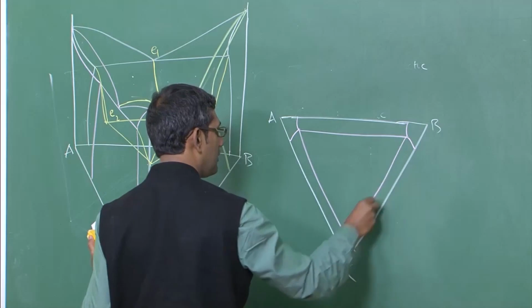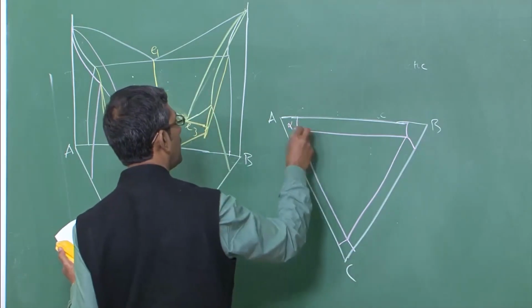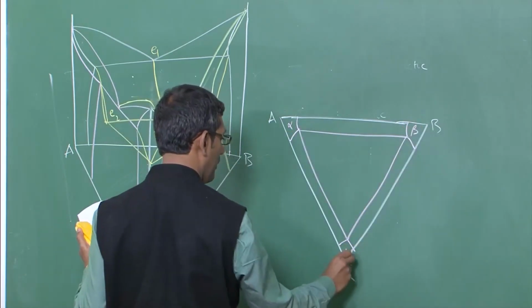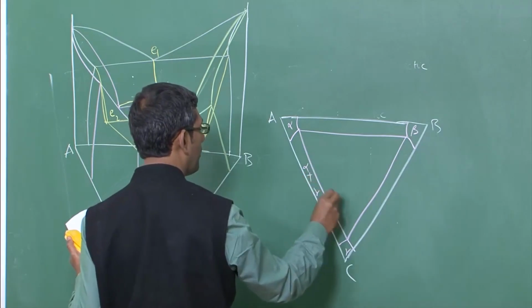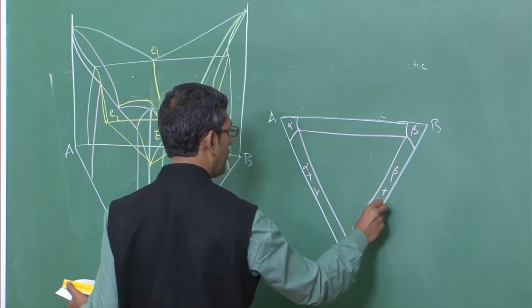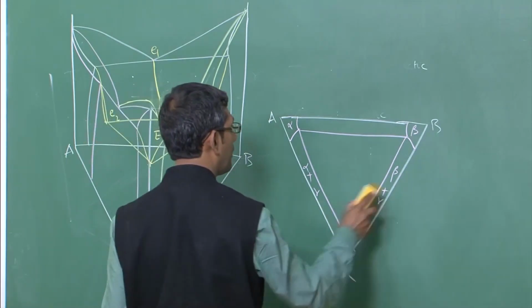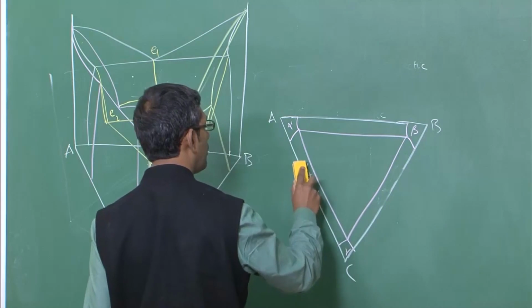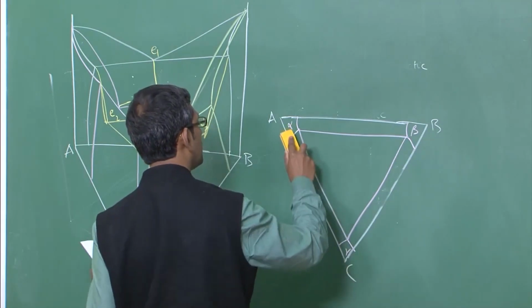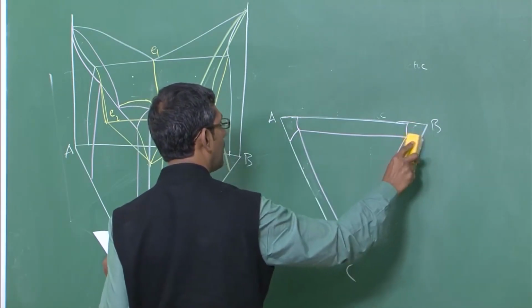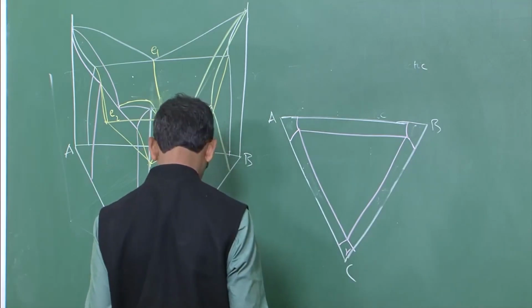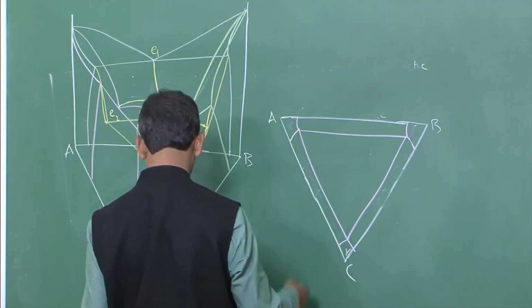These are the 3, so alpha, beta and gamma. This will be alpha plus gamma, beta plus gamma. Let us not write it now, it will be complex. It will look clumsy, so I will only show by points or lines.